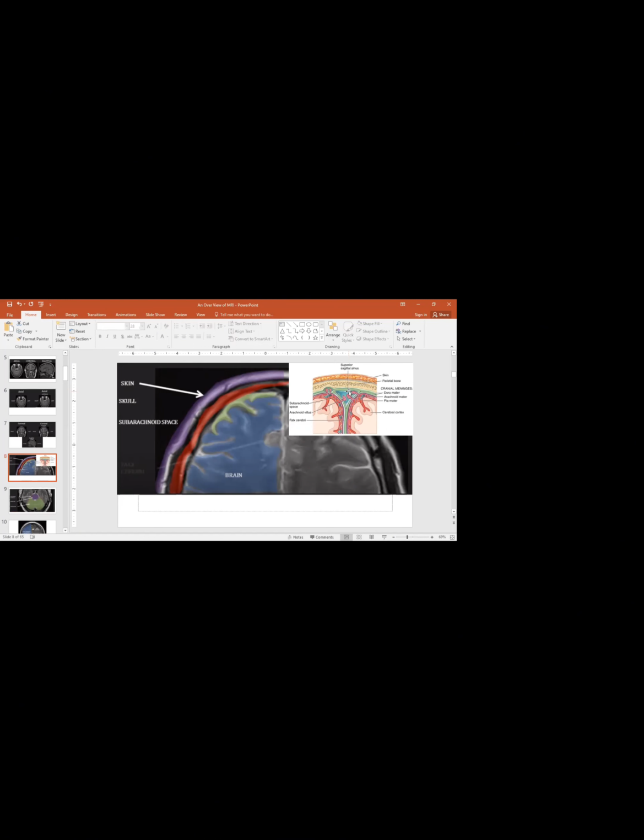Between arachnoid and pia mater there is a potential space we call the subarachnoid space, and many a time we get pathologies in this space plus under the dura mater, and we will see them in subsequent slides.